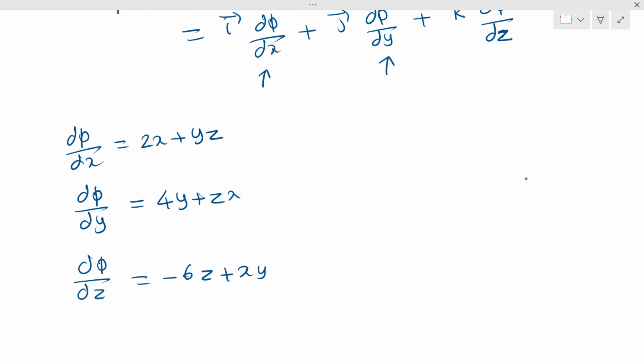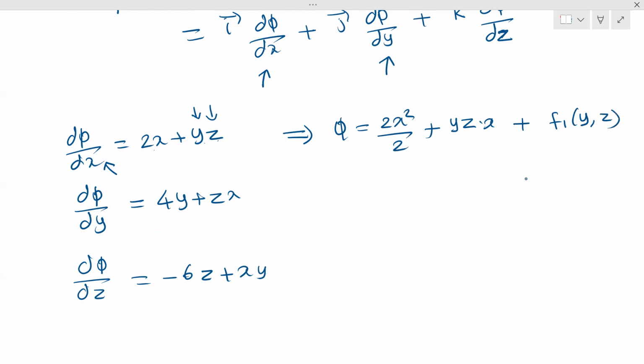Here we have to find phi. From this derivative means we have to do the integration. See the first one, we have to do partial integration with respect to x. We are treating these two variables y and z as constant. So phi equal to the first term integration is 2x square by 2, and we are treating y and z as constant, so write yzx, plus a constant, we can write function of yz because we are treating y and z as constant.